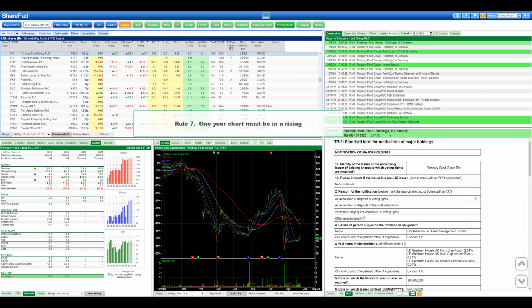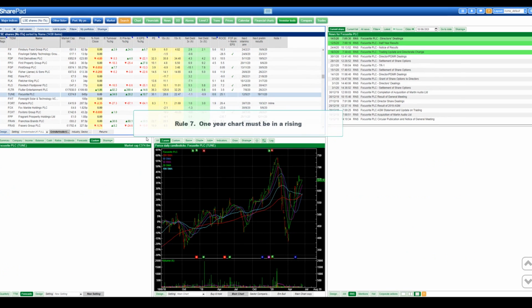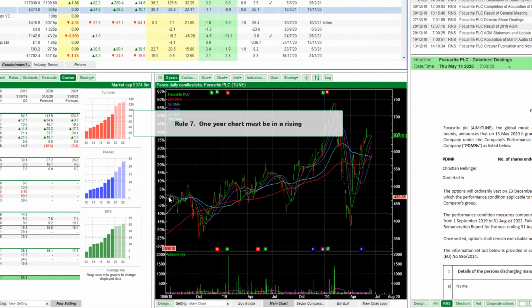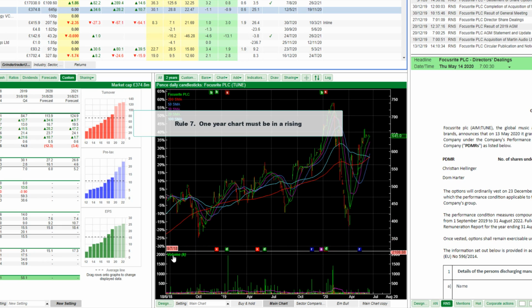there's one there, Tune. We can click on there, and you can see the chart is lower here, higher to the right-hand side. Although it had this massive knock here, I probably would have been still invested. This is something you could look at. It's increasing, although this is quite volatile.